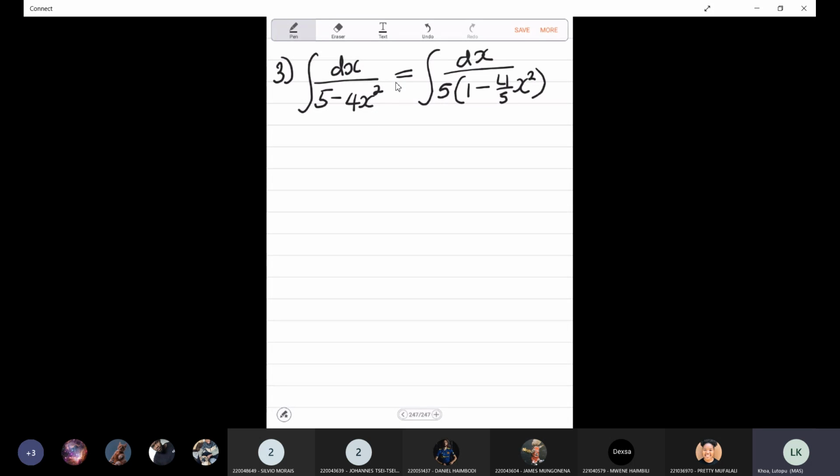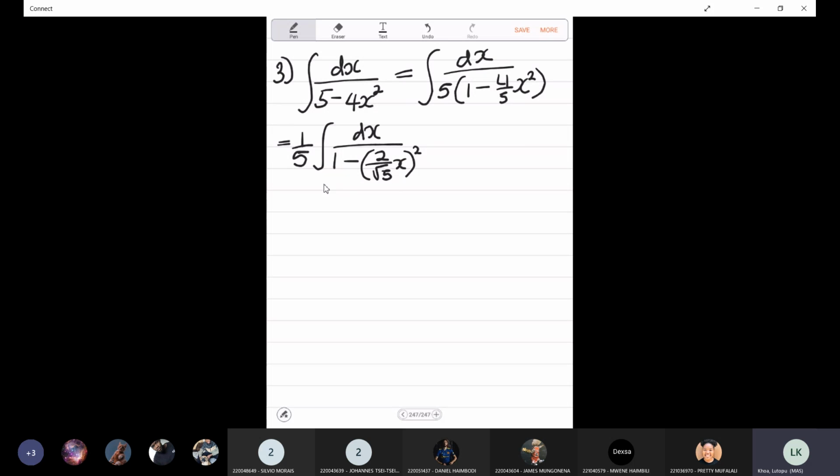Okay, and this 1 over 5 can come outside, and we need to include this 4 over 5 as part of the square. So what we have is 1 over 5, the integral dx over 1 minus 2 over the square root of 5 x squared, like that.